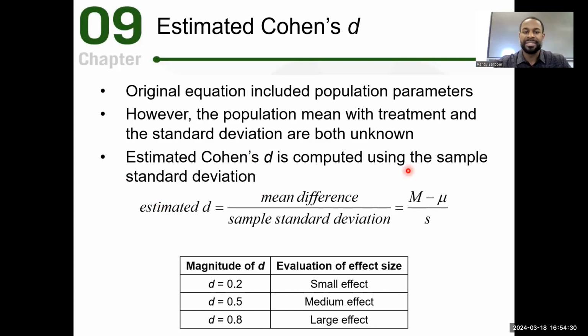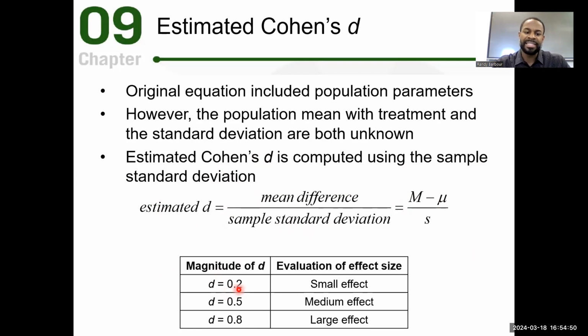So we're using the sample standard deviation, which makes that an estimation. You have the same thing in the numerator here, the mean for the sample and the mean for the population. The only difference now is the sample standard deviation, which gives you the same magnitudes, the same criteria.